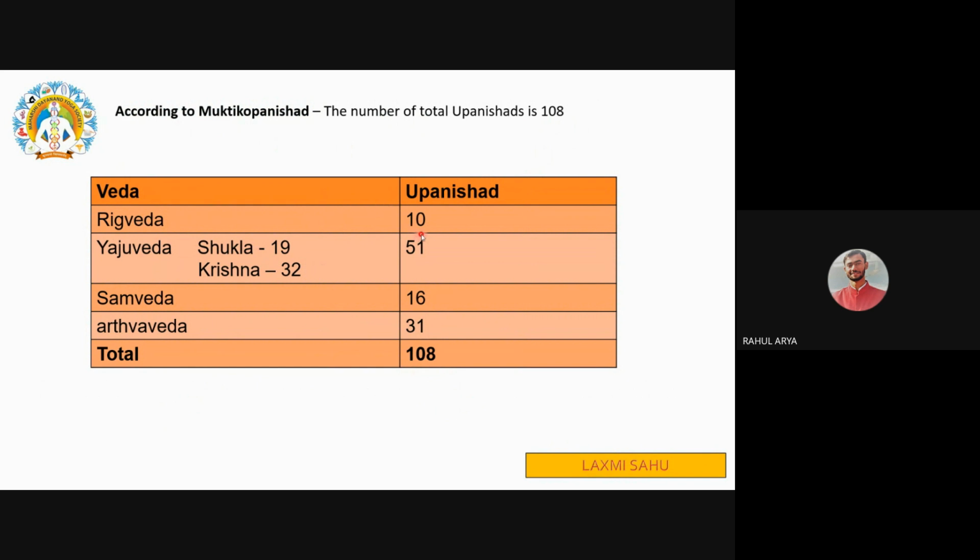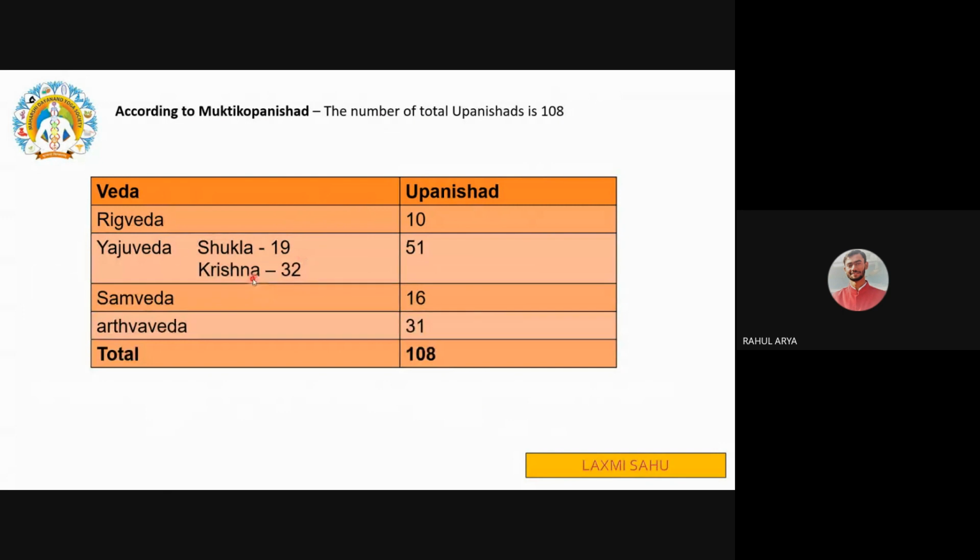Already I have told you that all the Upanishads are related with the Vedas. So 10 Upanishads are related with the Rig Veda. 51 Upanishads are related with the Yajur Veda, which is divided into two parts, the Shukla and the Krishna. Shukla Yajur Veda has 19 Upanishads.